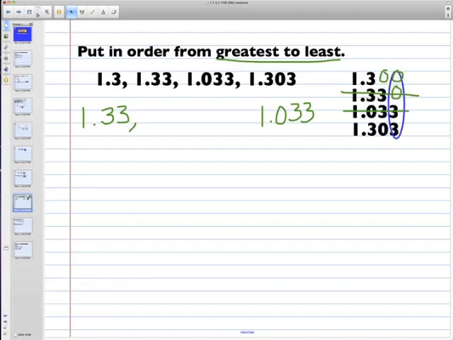And now I'm comparing 0 thousandths to 3 thousandths. So of course 3 thousandths is larger. So I'm going to go ahead and put 1.303, and then all that's left is 1.3. So notice that I didn't write the extra zeros on the values when I ordered them from greatest to least.